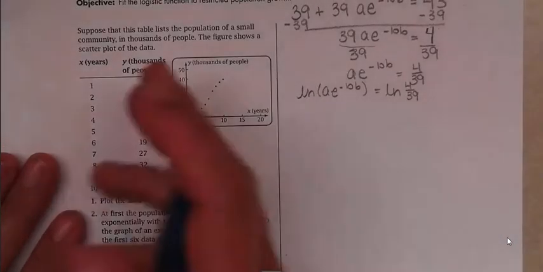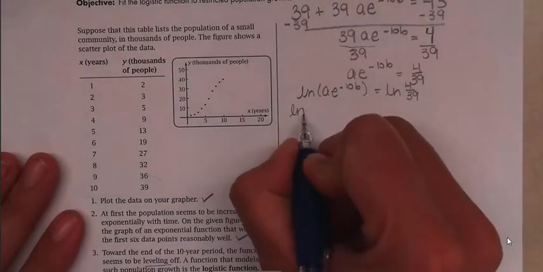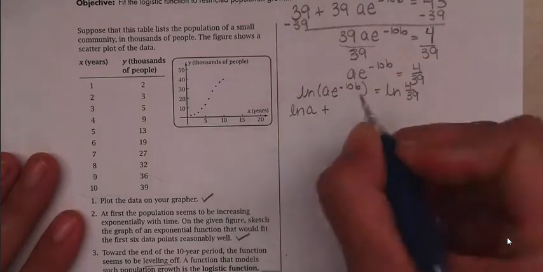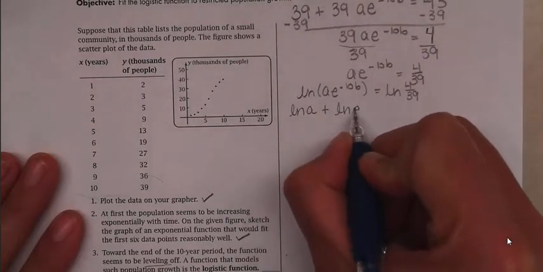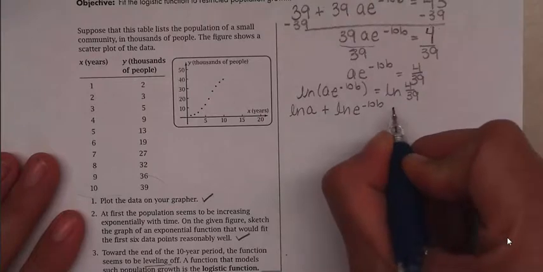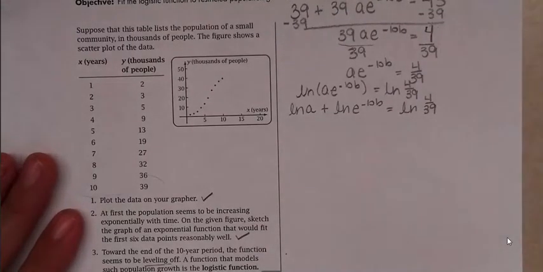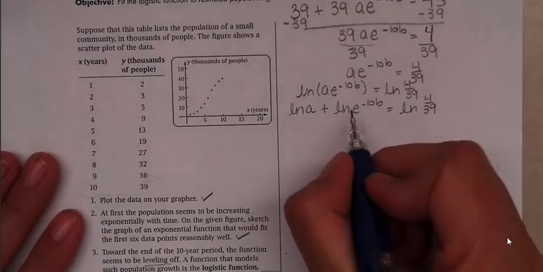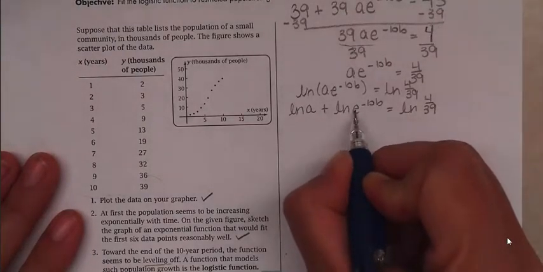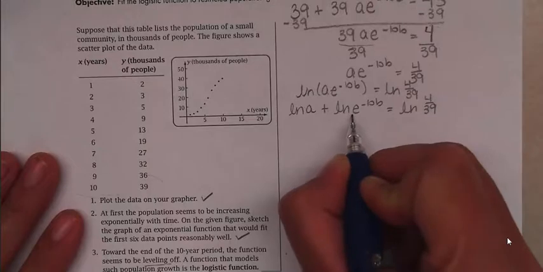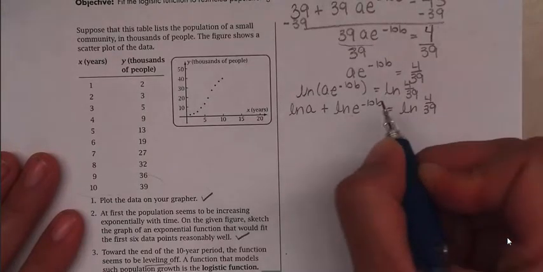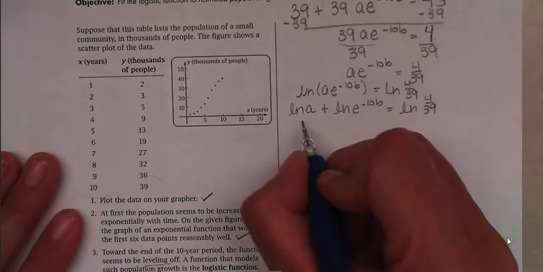Now using that product property, I know then that this is ln of a plus ln of e to the negative 10b equals the ln of 4 over 39. Well, again, the ln of e, the log base e of e, basically reduces to 1. You're just left with negative 10b.